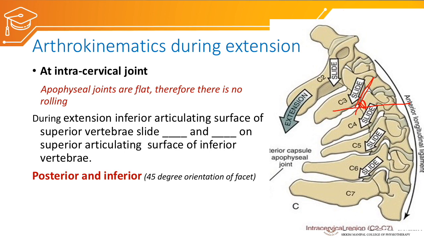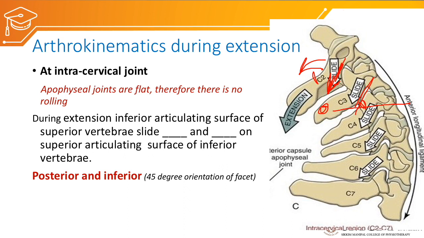So you can see here during extension, let's take C2 moving on C3. During extension, the bone is moving posteriorly. Therefore, the inferior articulating facet of C2 will slide posteriorly and inferiorly. You can see the vector here, the posterior-inferior vector.